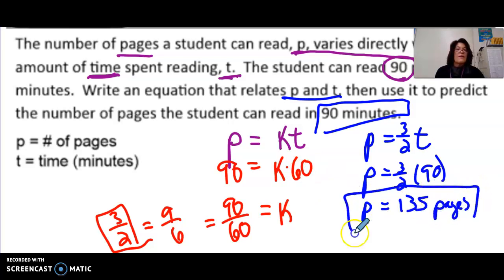So in an hour and a half, once I understand my rate of reading, that will help me judge how long it's going to take me. If I have an English assignment and I'm supposed to read so many pages, I'm like, how long is that going to take me? If I know this is my rate, then I can figure that out. So it's nice to be able to do that.